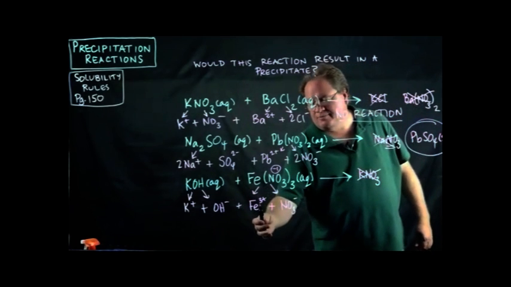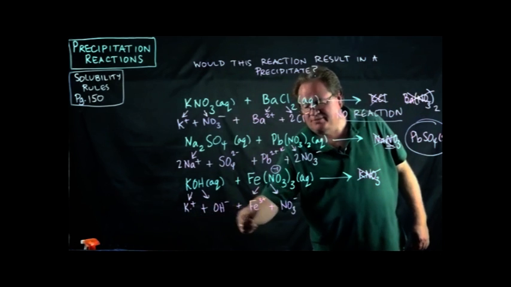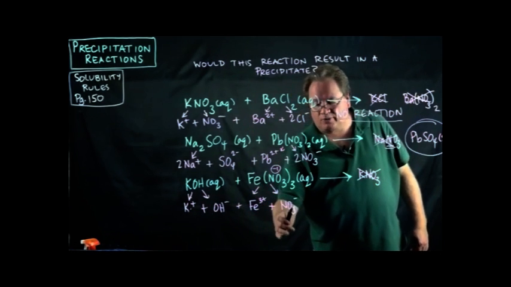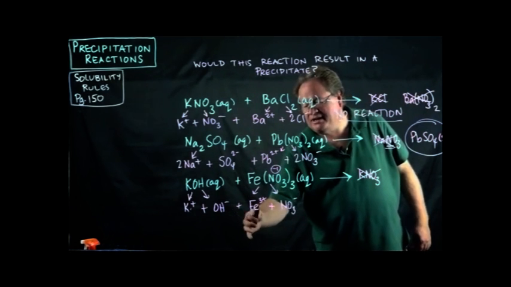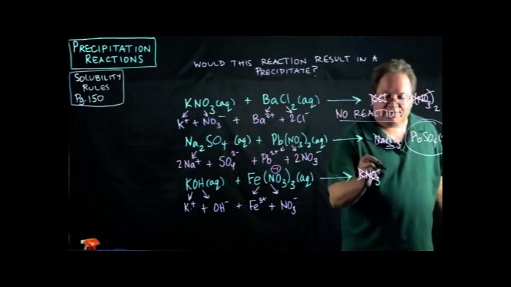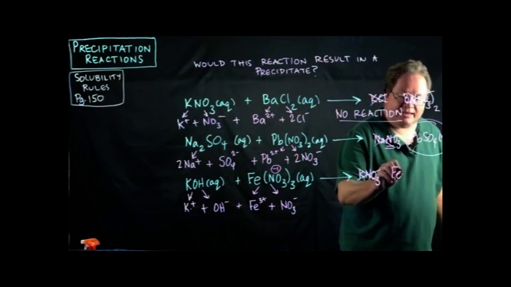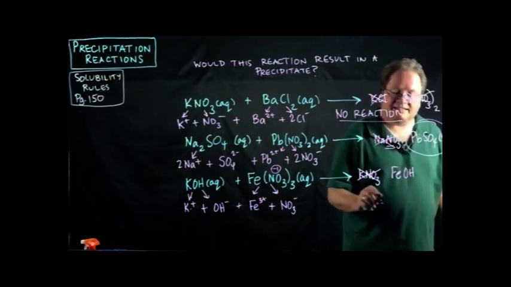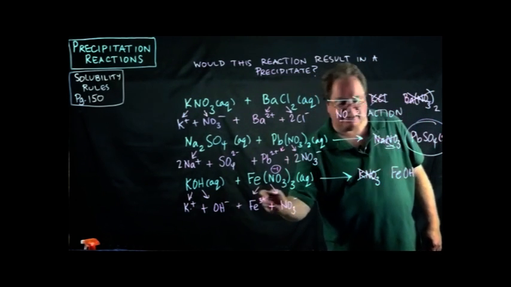The only other possibility then is, again, iron will not go with potassium, both positive. It could go with nitrate, but it would just immediately fall apart. That means the combination between those two is the only other possibility. Now, this iron was +3. Hydroxide is -1, right? So I got a -1 here and a +3 there.